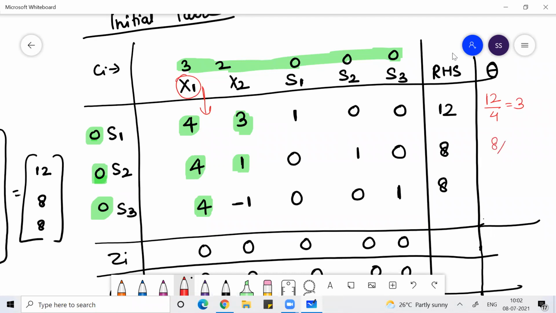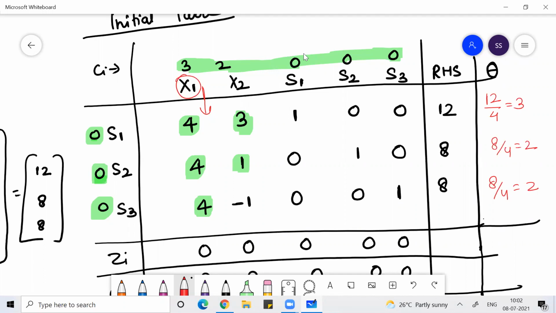This would be 8 divided by 4, equal to 2. And again 8 divided by 4, equal to 2. So if you see, S2 and S3 both have theta value equal to 2.